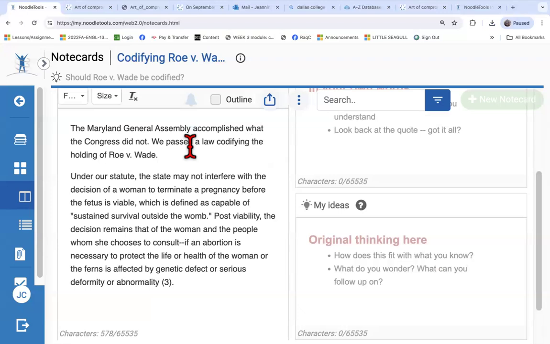If an abortion is necessary to protect the life or health of the woman, or it says the fetus is affected by genetic defect. I think they meant to say fetus is affected by genetic defect or serious deformity or anomaly. Okay, so I think I'm going to keep all of that.